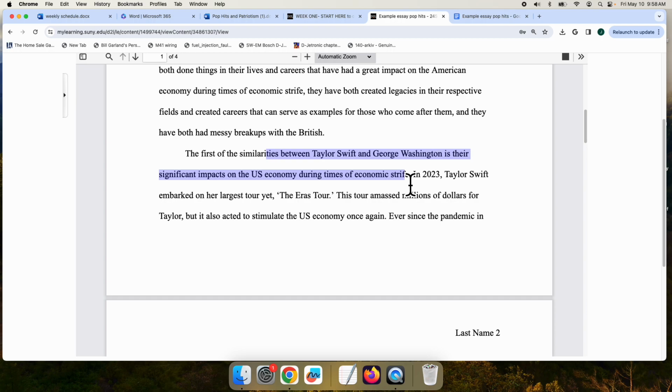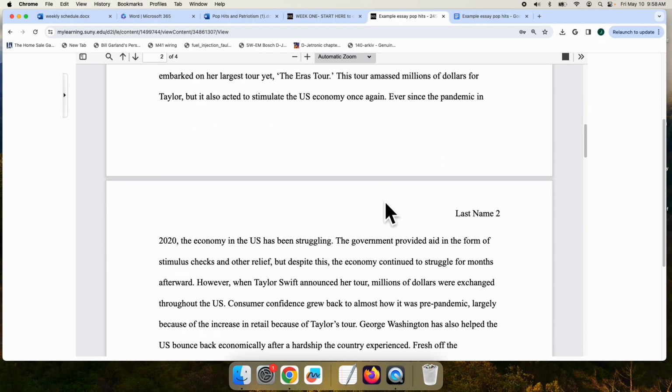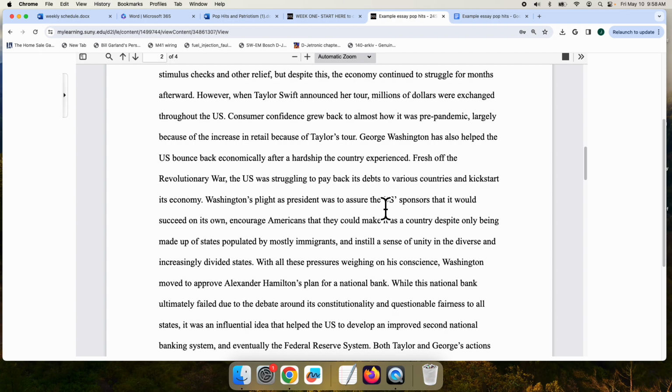Now, if you read this first body paragraph, you will see every sentence in this paragraph is based on the economic impacts these 2 very seemingly different characters had during times of strife. But as you read the paragraph, it'll unfold with specific examples and several points that show how George Washington and Taylor Swift have had similar impacts on the American economy.